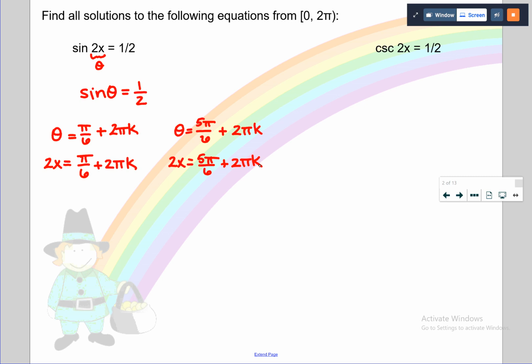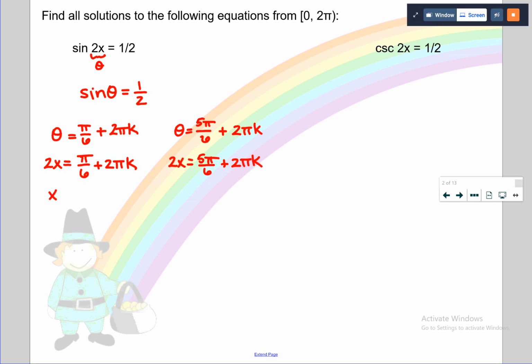And then in both of those equations, how do I solve for x? How do I get x alone? Divide by 2, or you could multiply by a half, which might be easier just because we already have a fraction there. So imagine multiplying a half through this entire equation.